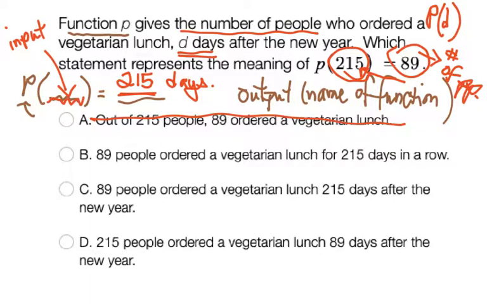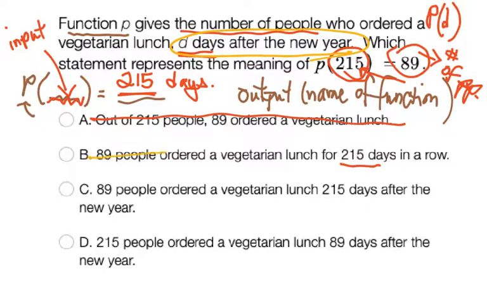89 people ordered a vegetarian luncheon. Okay, 89 people. Okay, that looks okay for 215 days in a row. No. That's not true. Look at D days after the new year, not in a row.